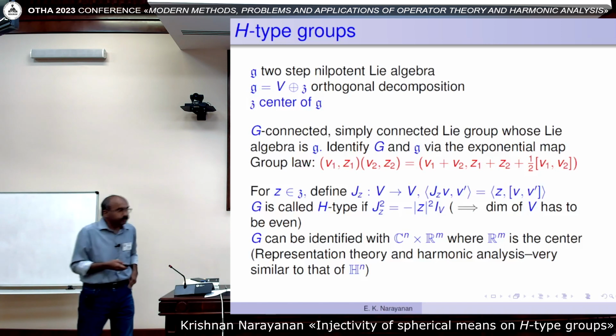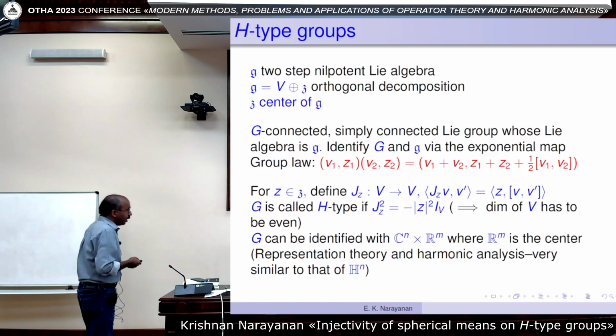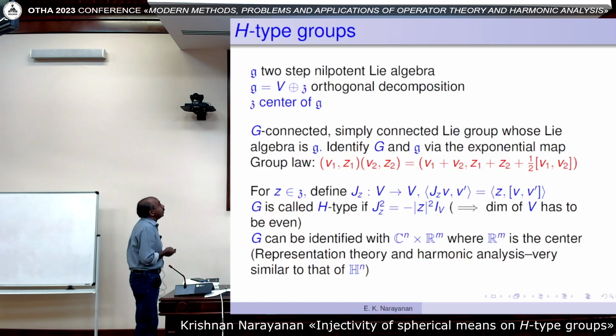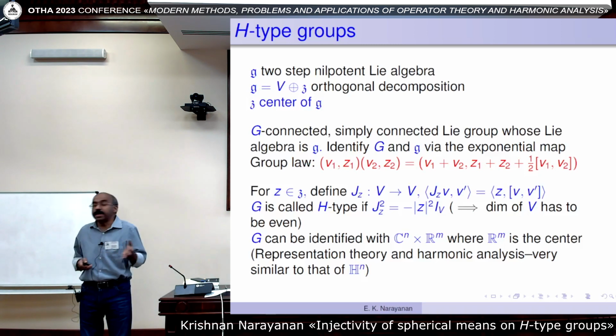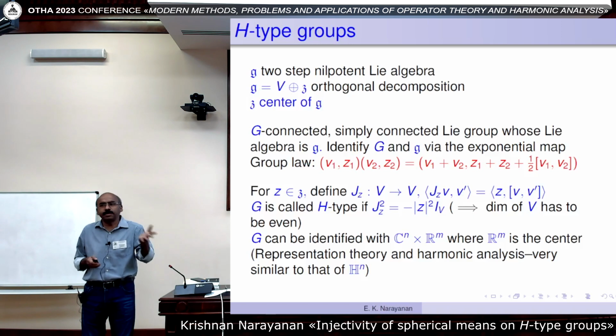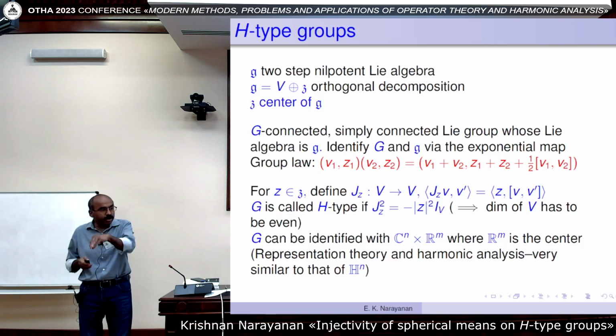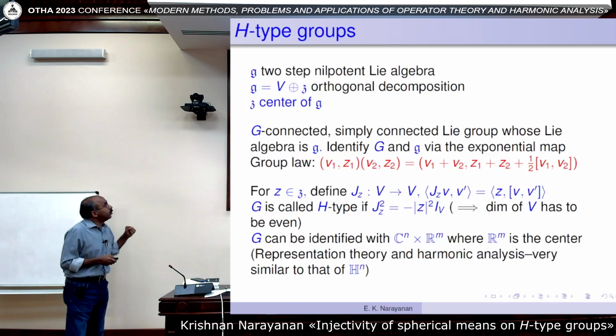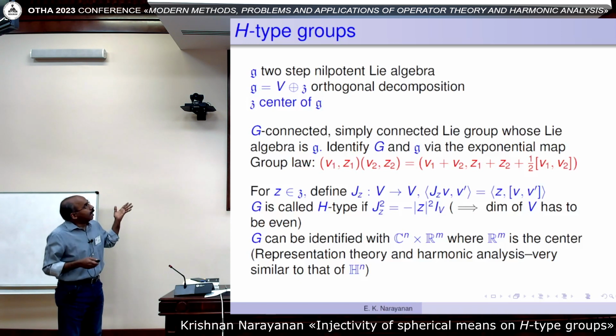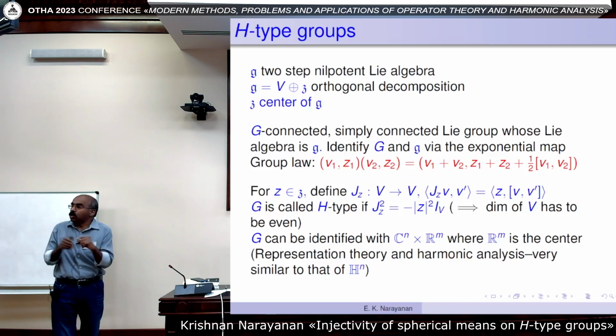All right, so we start with a two-step nilpotent Lie algebra. One of the advantages with nilpotent Lie groups is that the Lie algebra and Lie group can be identified, and you can put the group law on the Lie algebra itself. So you can write this as V direct sum Z, where Z is the center of the algebra, and it's an orthogonal direct sum.